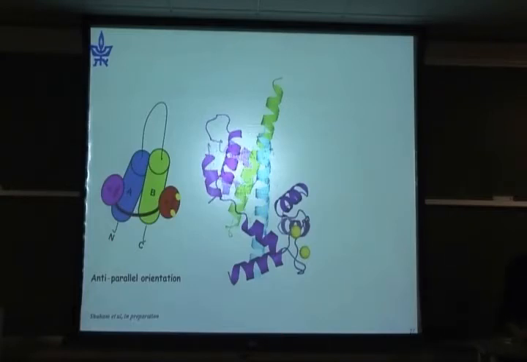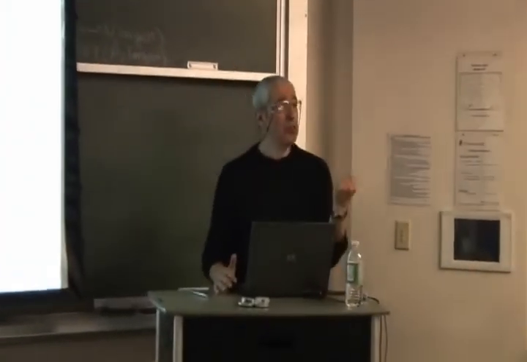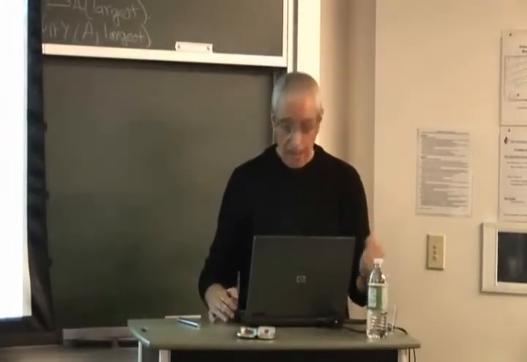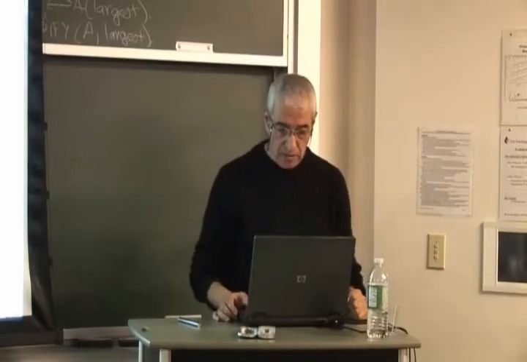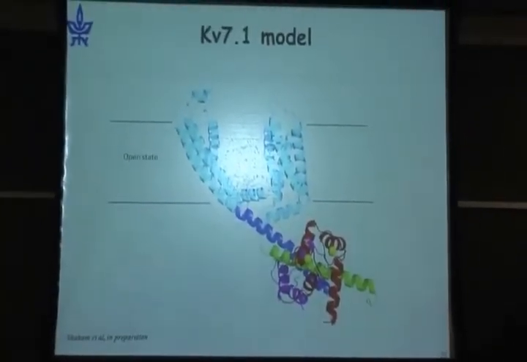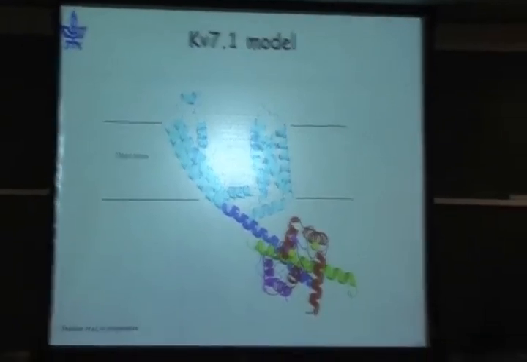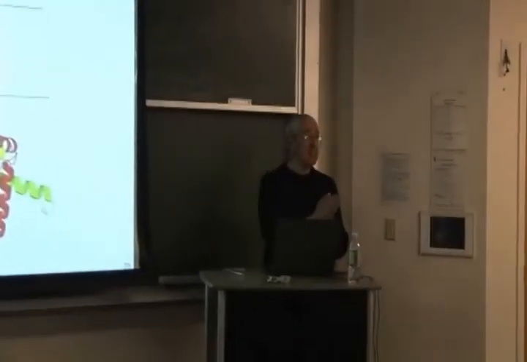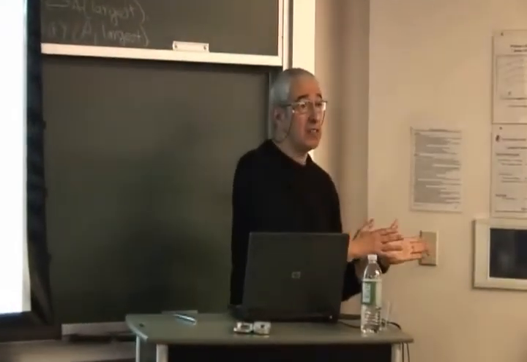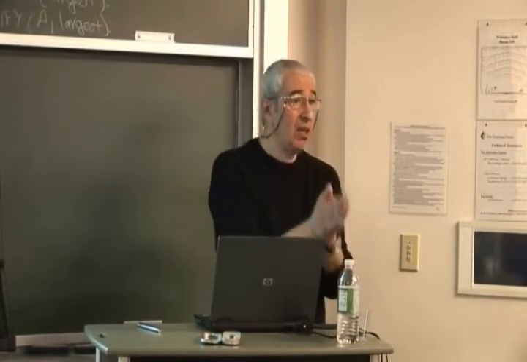And this is an artifact that is found very often in crystallization procedure, because you are using huge concentration of protein, and we have the problem of what is called domain swapping. Everything in the crystal structure is fine, except that calmodulin is not bridging two neighboring subunits. Why? Because we have these data of analytical ultracentrifugation that showed that actually one molecule of calmodulin is binding to one C terminus.